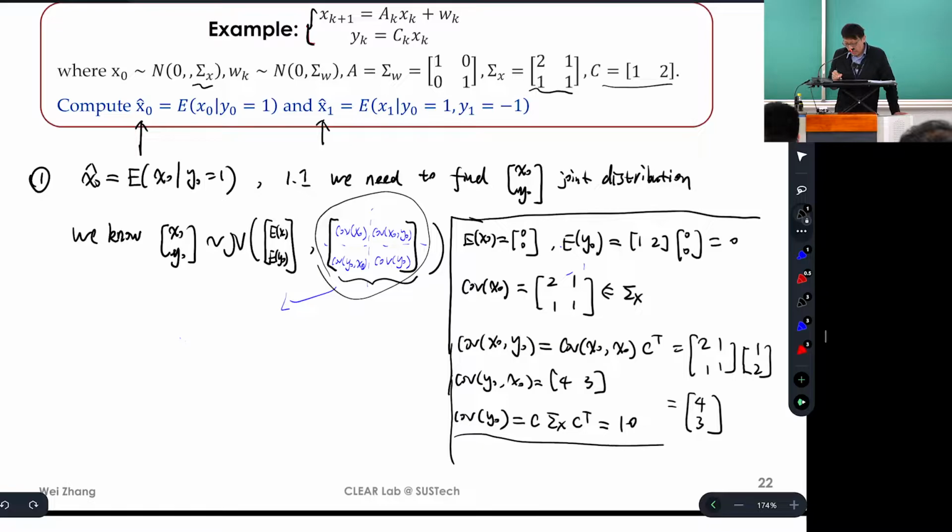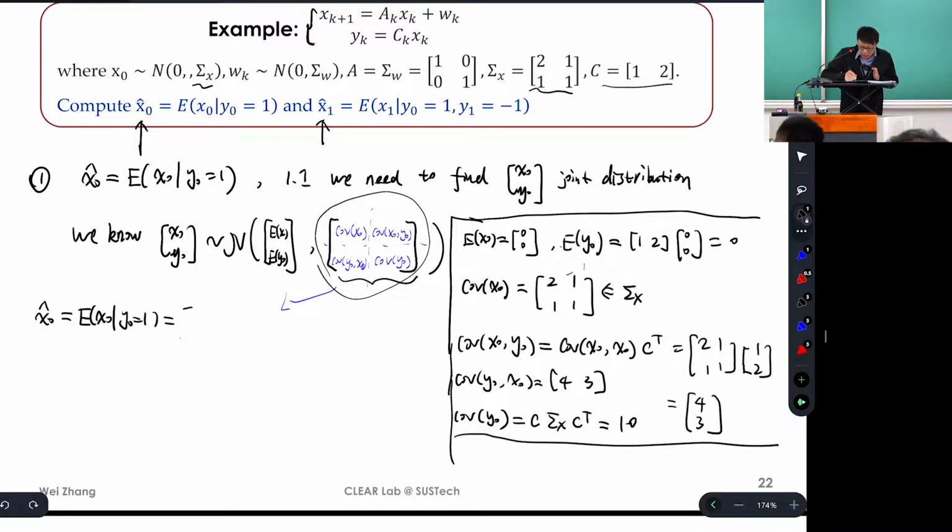Okay, we have everything we need for this. The joint distribution is specified. As long as we know it's jointly Gaussian, we can compute the conditional expectation by our formula now, right? So our formula tells us X0 hat is the unconditional mean, which is EX0, which is 0, 0.